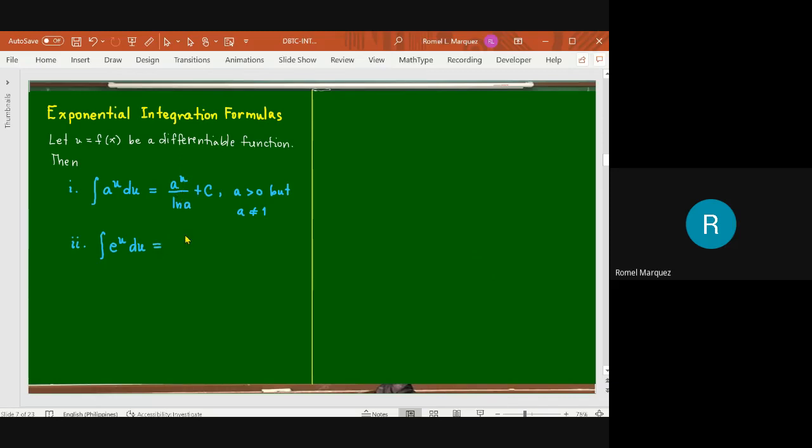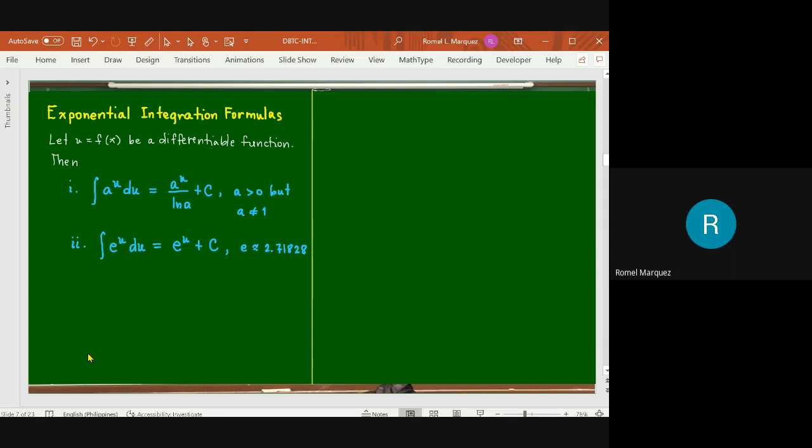So e to the u, but what is ln e? Because a is e, but ln e is 1, so we don't write that anymore. Okay? Then plus c. So here e is a constant, approximately equal to 2.71828.